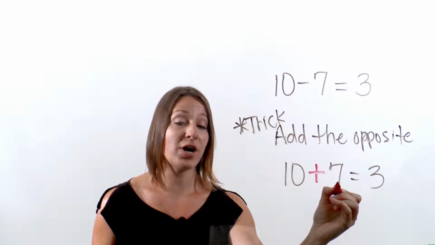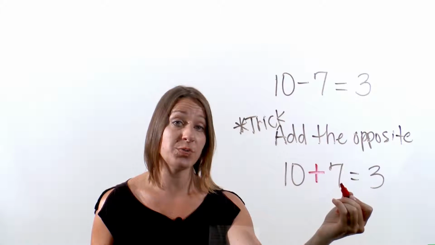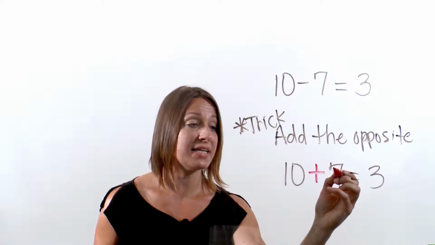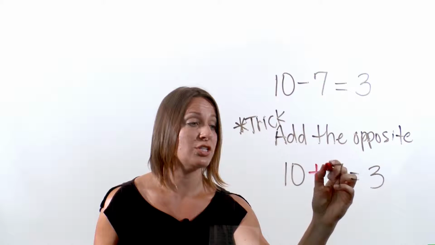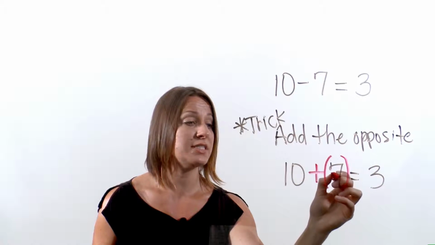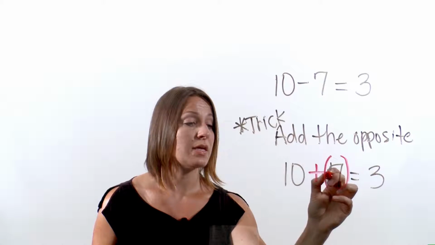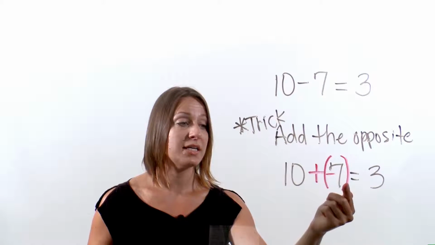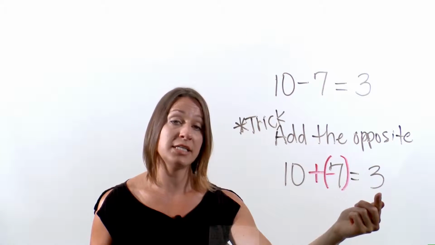This was subtracting a 7, which we can consider a positive 7. Now it's going to be adding a negative 7. I'm going to put a set of parentheses around it and put in a negative number. 10 plus negative 7 is a positive 3.